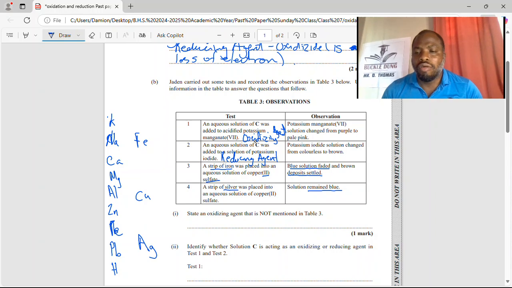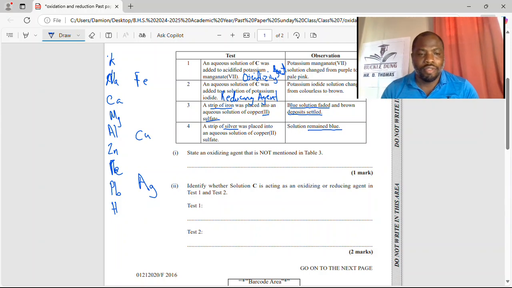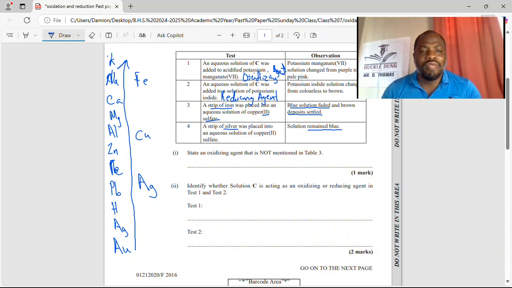Then hydrogen; I have a little jargon that I use to remember. So this is our reactivity series that we're speaking about. If the element is above, then it is more reactive, so it can displace.